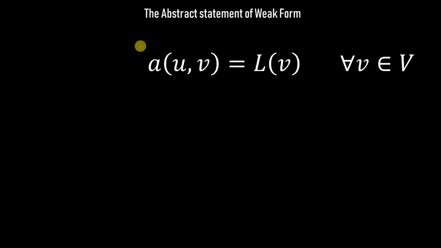Now, the way we abstractly represent a differential equation, let us try to abstractly represent a weak form. So we represent it in this form as A(u, v) equals L(v).